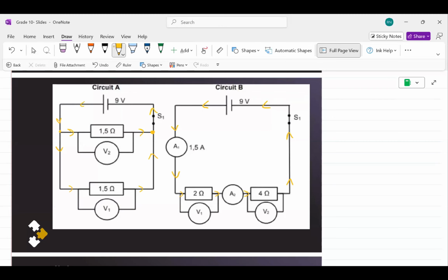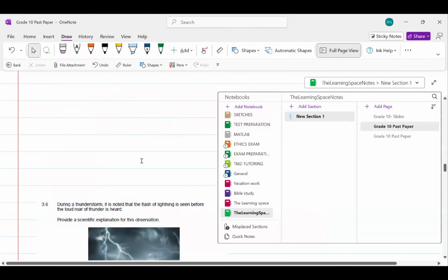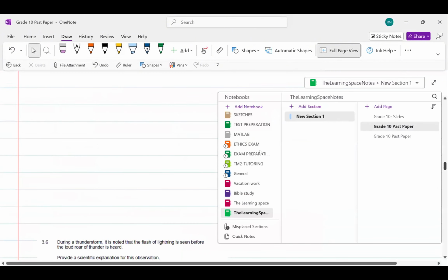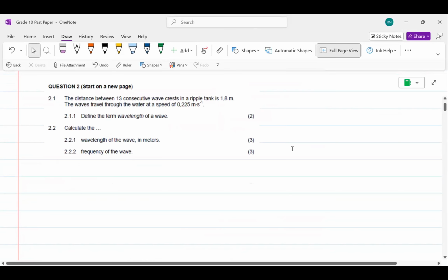There we go. Okay, now we finally get to our past paper. Let's see what we have. So we have our first question, and it says the distance between 13 consecutive wave crests in a ripple tank is 1.8 meters, right?